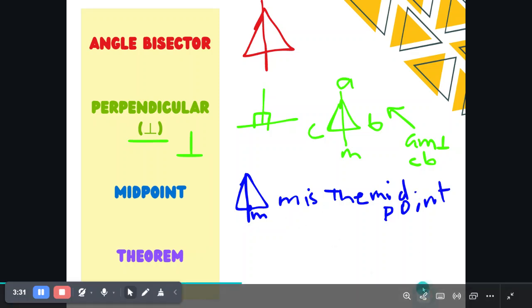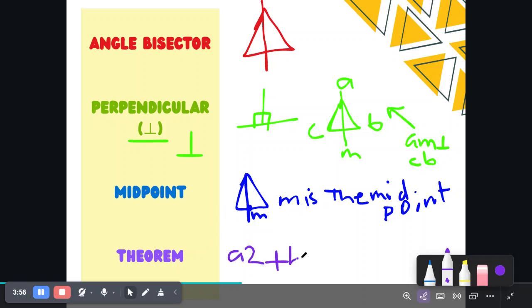Finally, we have a theorem, which is basically anything that is proven to be true. So let's do an example now. I'm going to do it in purple. Say the Pythagorean theorem, where a squared plus b squared is equal to c squared.